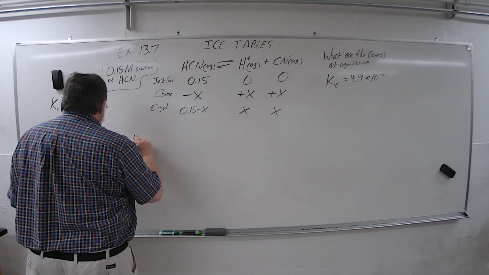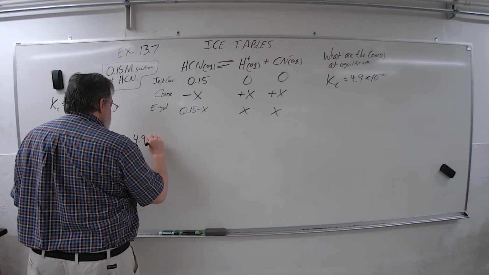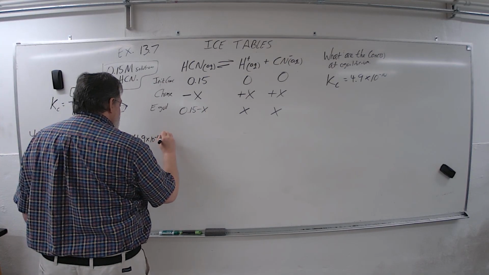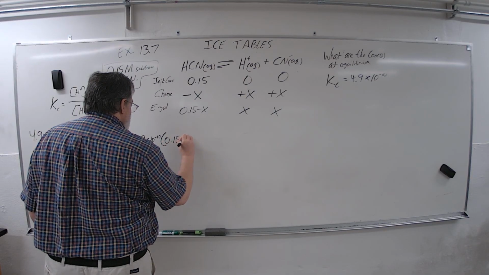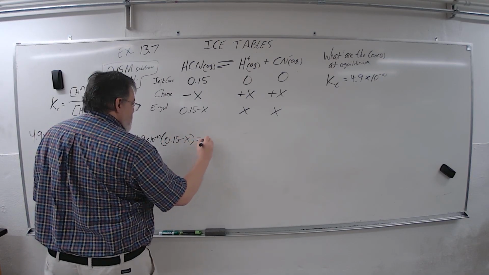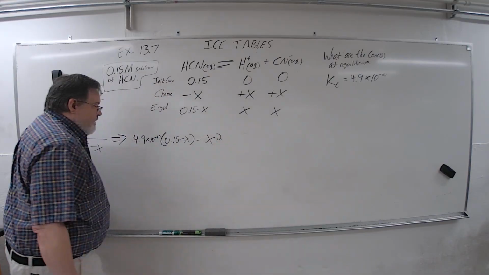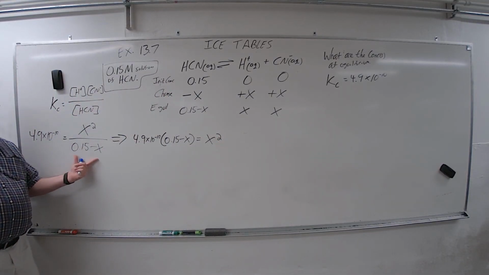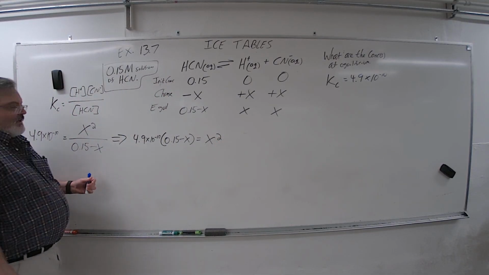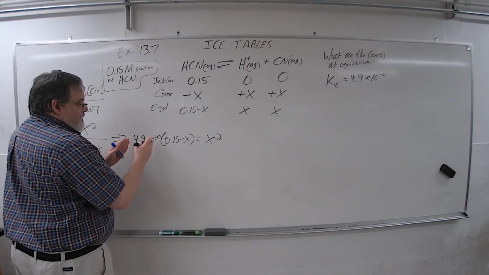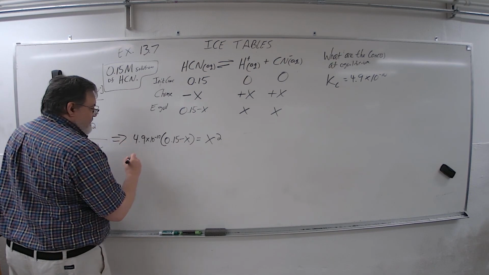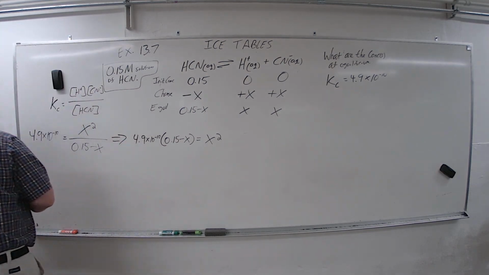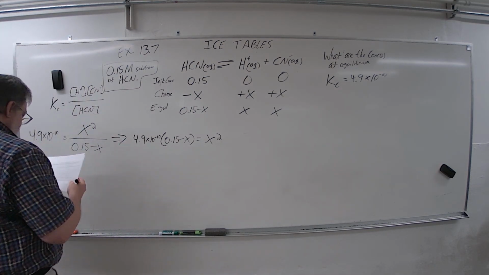So 4.9 times 10 to the negative 10. I just multiply both sides by this. Now I'm going to do this multiplication. It's going to be this times the 0.15 and then this times the x.